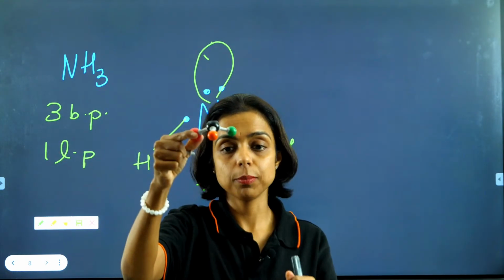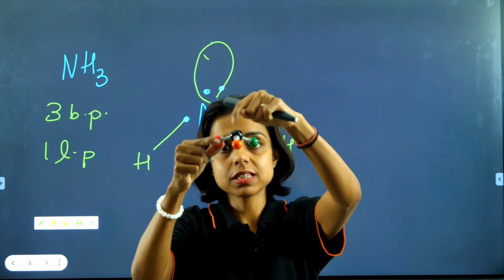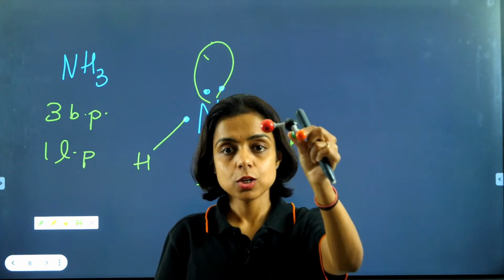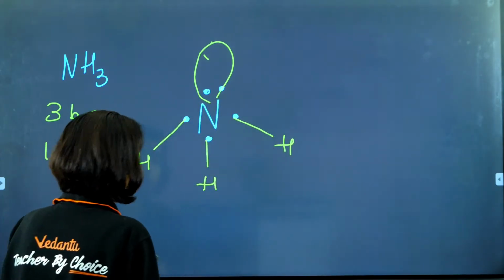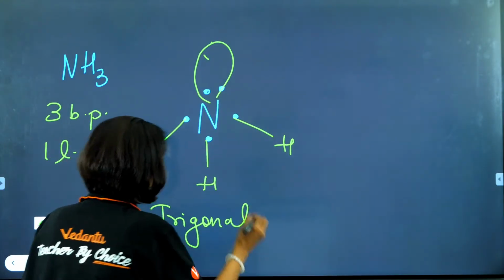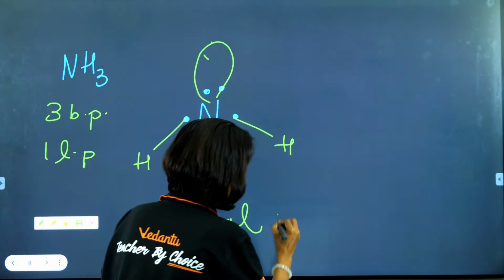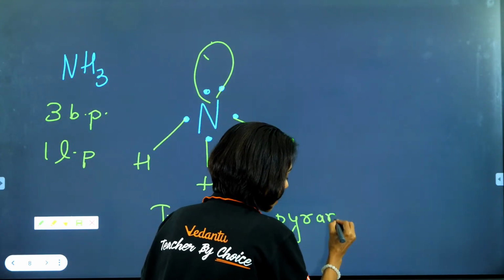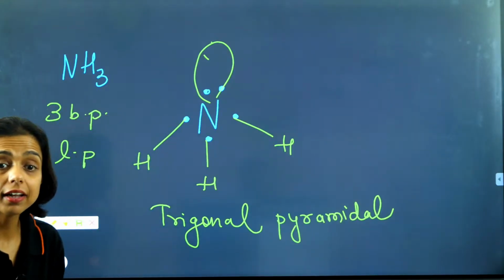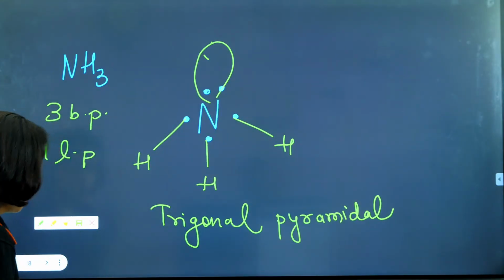Because 1 is the lone pair, this is inside the atom. Now the molecule looks like this. What shape is it? We call it trigonal pyramidal shape. So if there is 1 lone pair and 3 bond pairs, the molecular shape will be trigonal pyramidal, right?